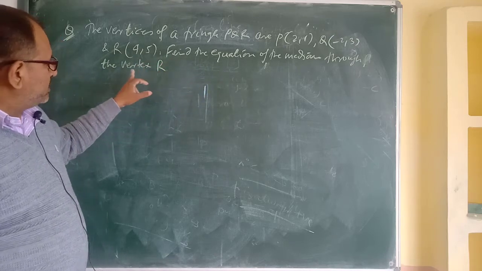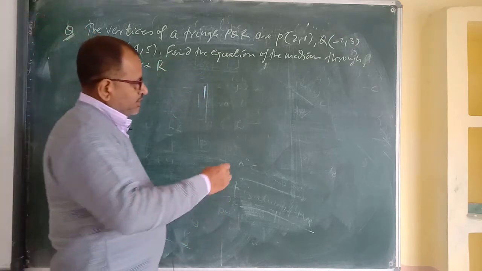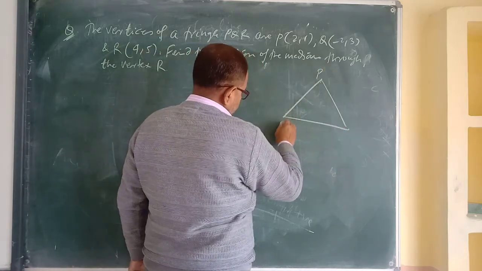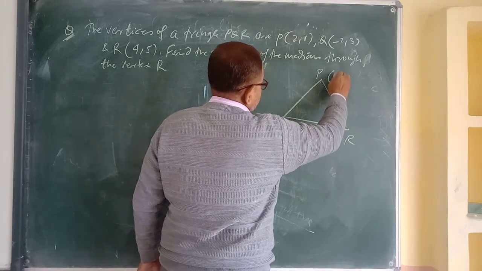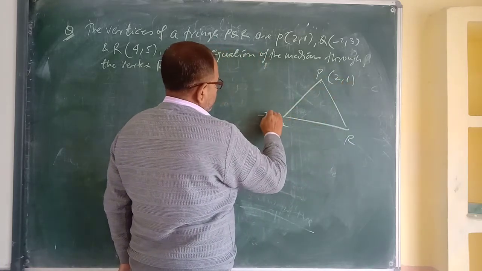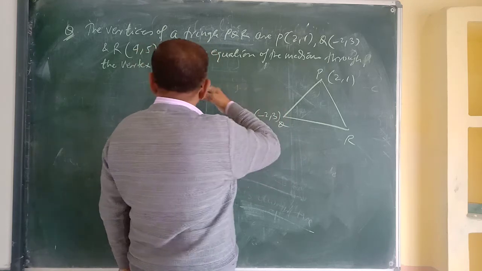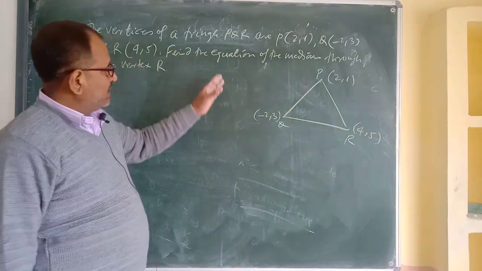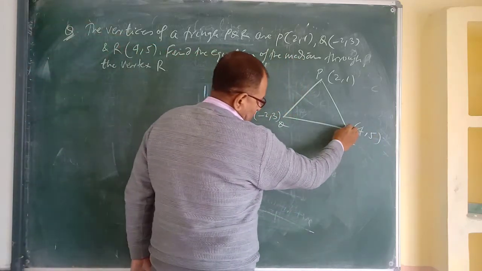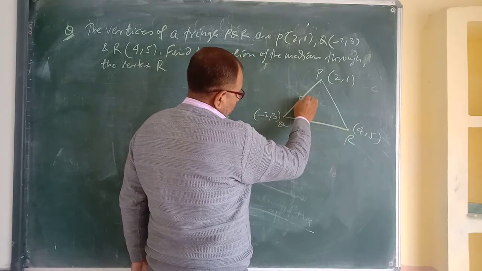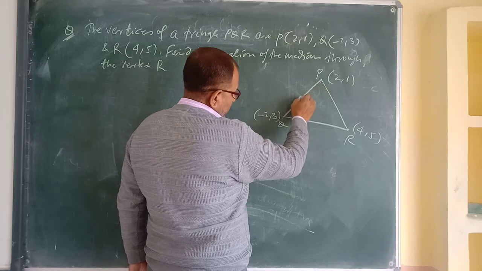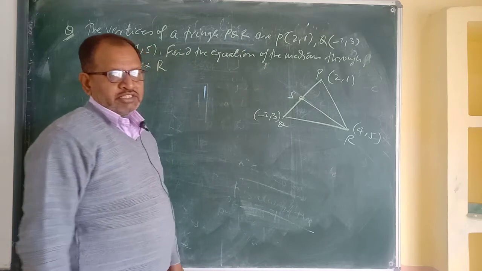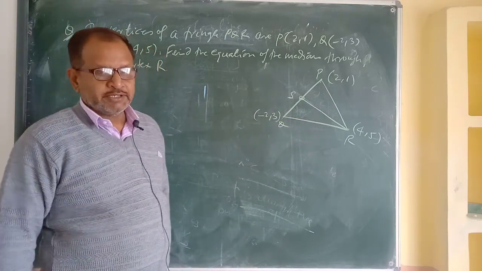Find the equation of the median through the vertex R. So let us draw triangle PQR. The median through R is found by taking the midpoint of PQ. Suppose it is S. Join S to R. This is the median. We have to find the equation of SR.